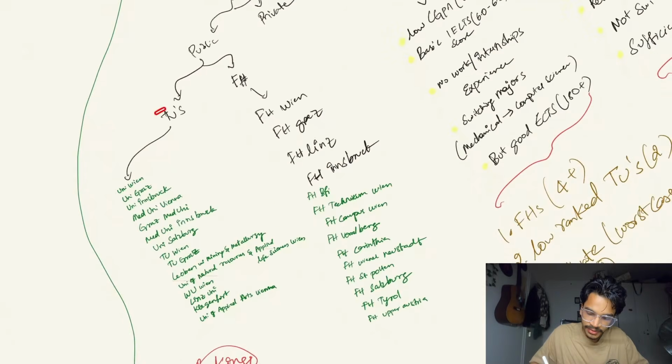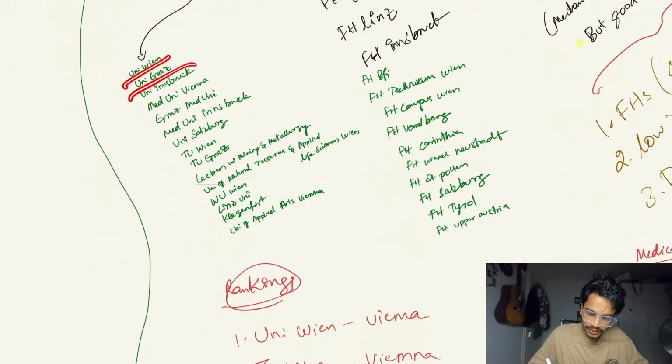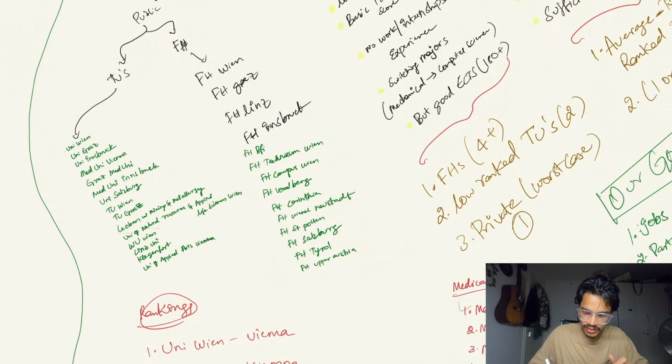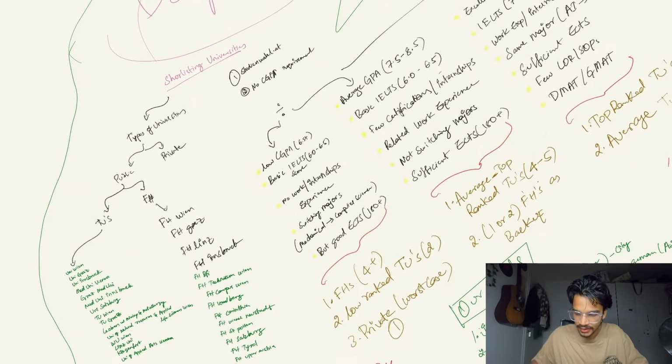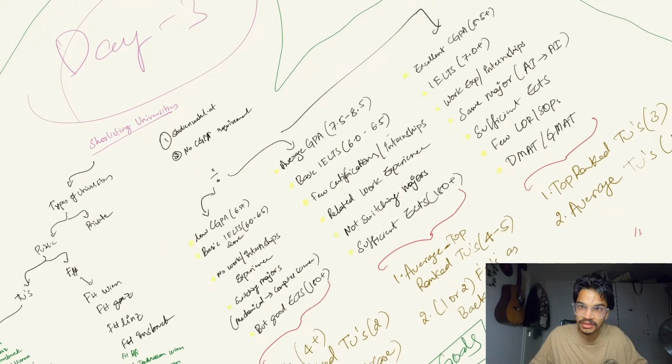As I said, for the public universities, the TUs are these: Uni Wien, Uni Graz, Innsbruck, Med Uni Vienna, Graz Med Uni, etc. And coming to the FH: FH Wien, FH Graz, Linz, Innsbruck, etc. And these are the profiles that we divided just now.